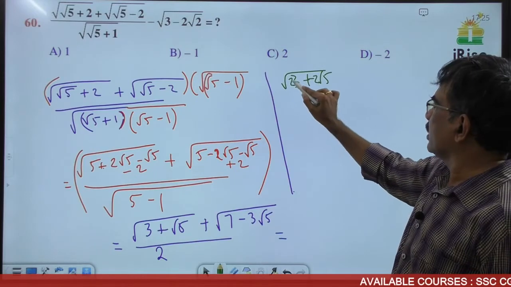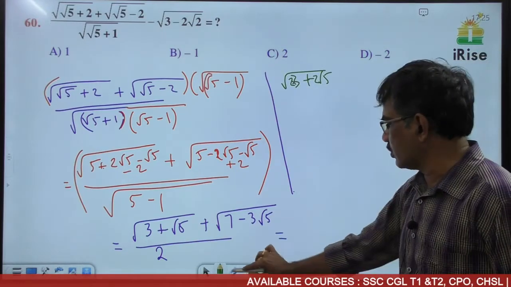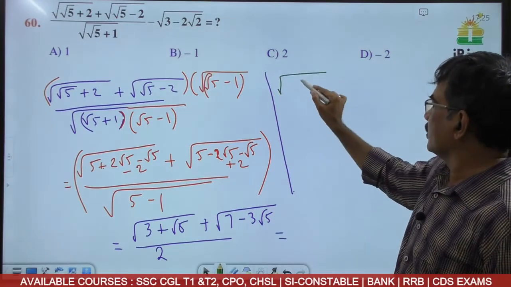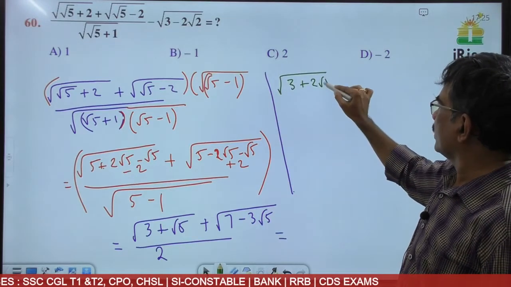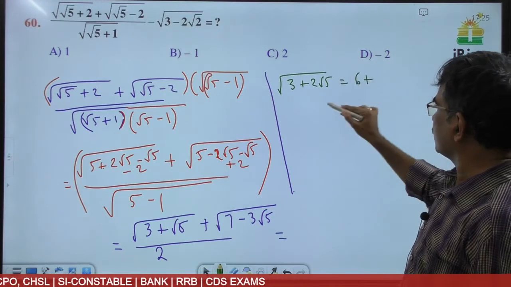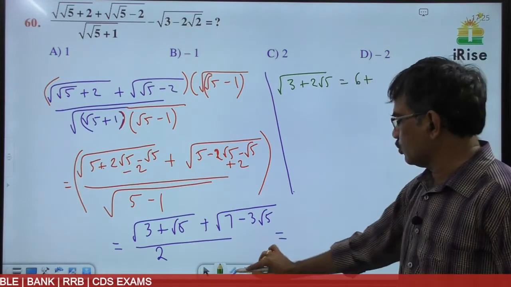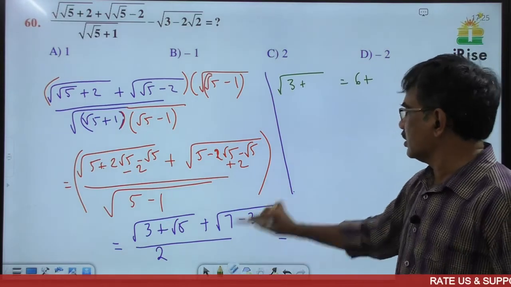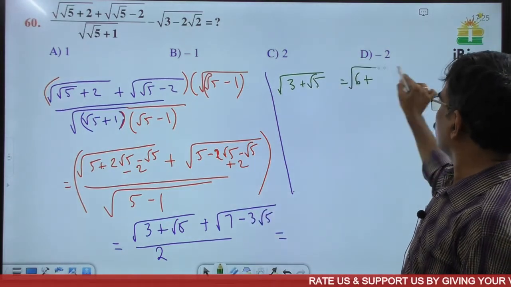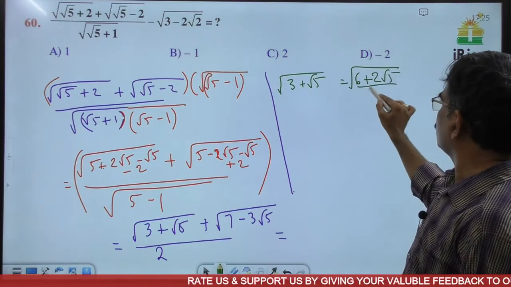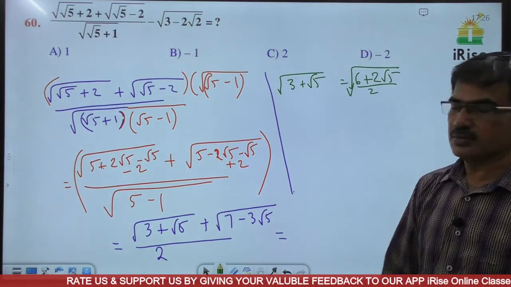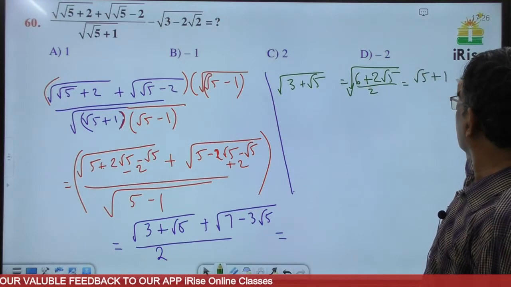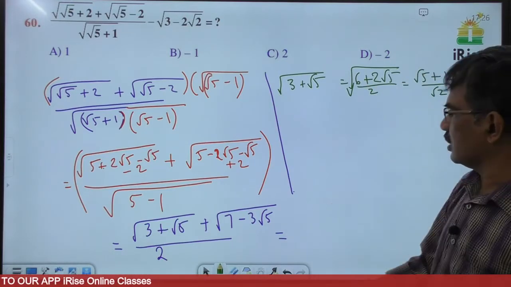Multiplied and divided by 2, 3 plus root 5 can be written as root of (6 plus 2 root 5) by 2. This is 5 into 1, this is 5 plus 1. So the square root is (root 5 plus 1) by root 2. This is this part.